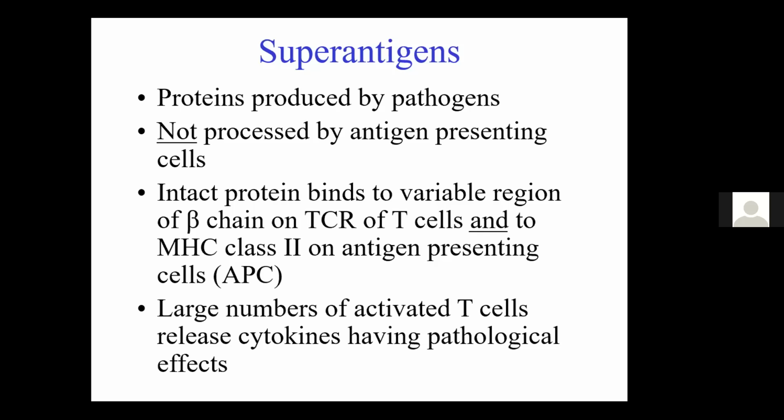Now these superantigens can activate a large number of T cells, which can release so many cytokines. And whenever you have a cytokine storm, for that reason, you can have hypersensitivity reactions, which are associated with pathological effects and sometimes even anaphylactic shock.